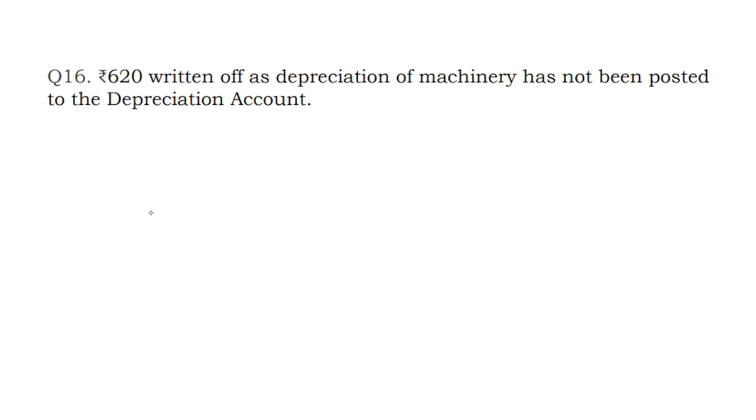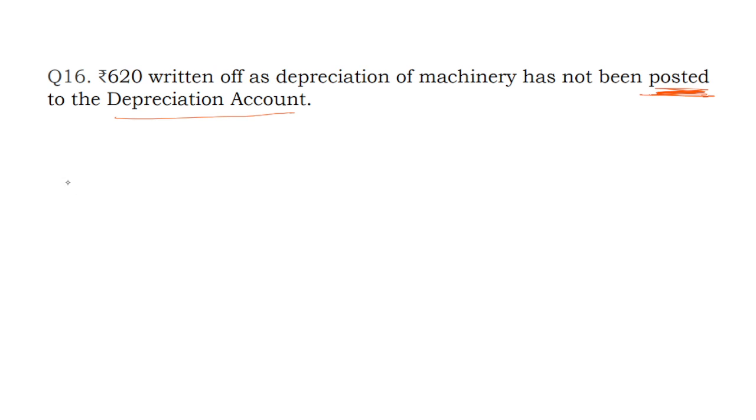See, this is the question. 620 written off as depreciation of machinery has not been posted to the depreciation account. So how to solve this question? See, it is written off as depreciation.